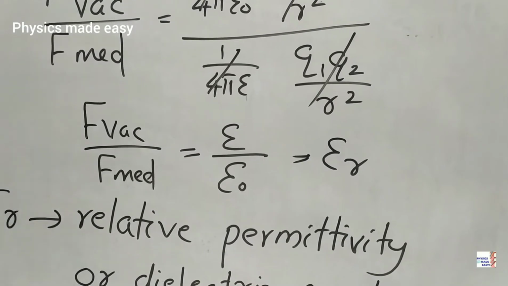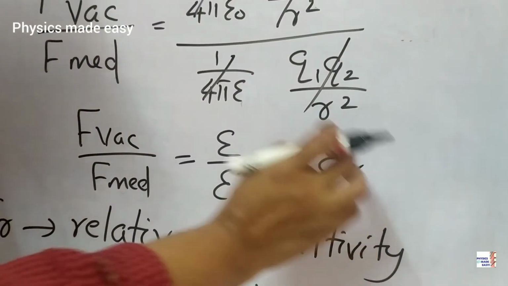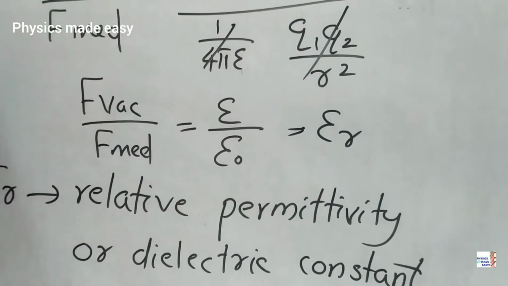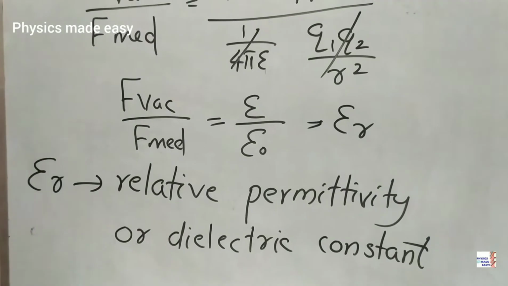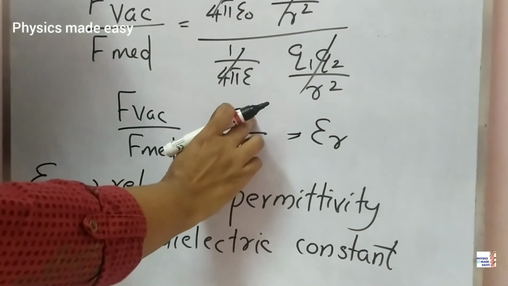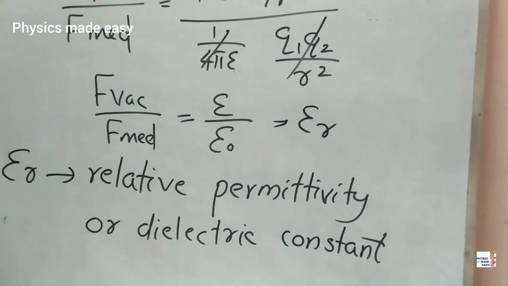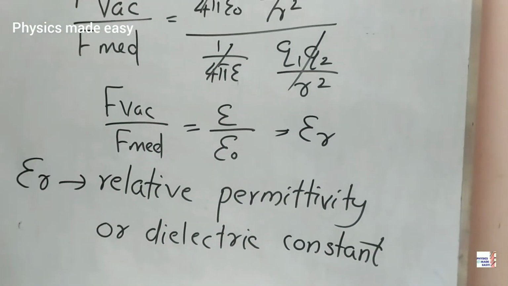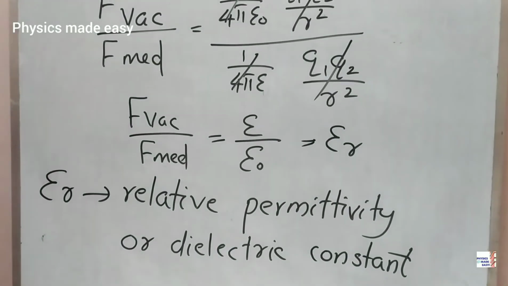So how can we define this epsilon R? Before that you should know the name of that is known as relative permittivity or dielectric constant. Then how to define this relative permittivity? The ratio of permittivity of medium to permittivity of free space is known as relative permittivity or dielectric constant. For this, another definition also there.